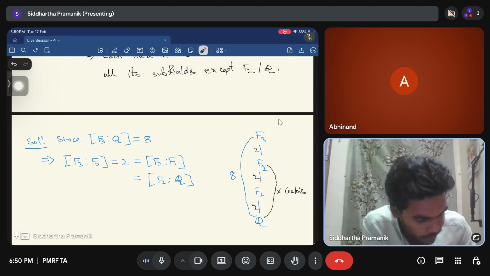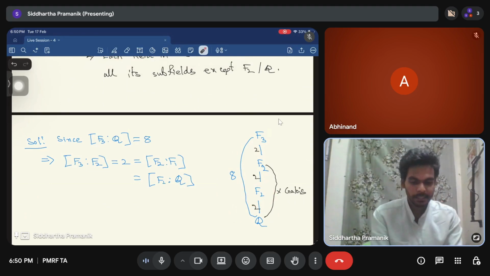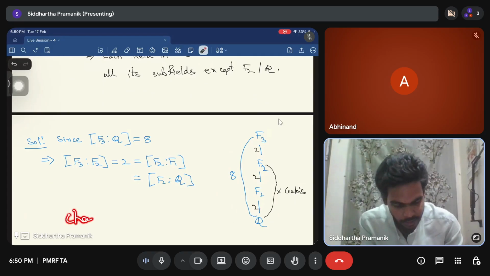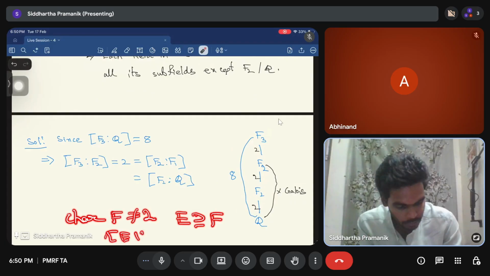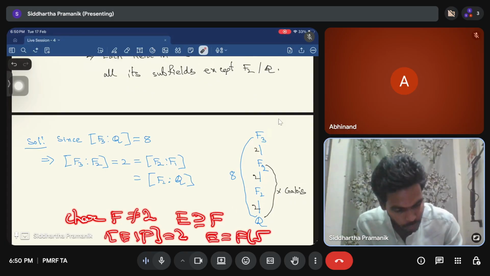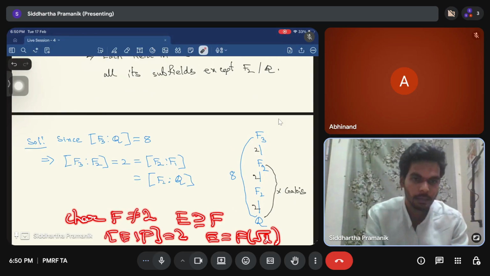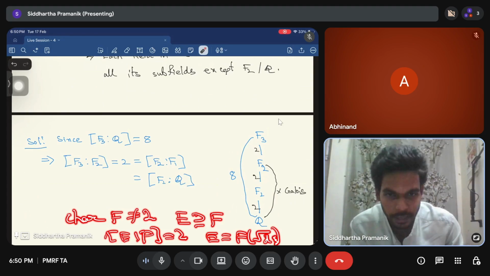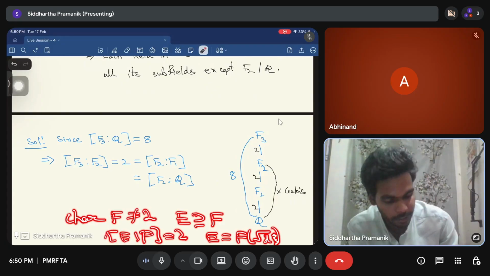F1 is a degree 2 extension of Q. We have already seen in the problem series that if we are in characteristic not 2, and E is an extension of F such that the degree of E over F is 2, then E can be obtained by adjoining the square root of some element. So this is one kind of structure theorem for degree 2 extensions.